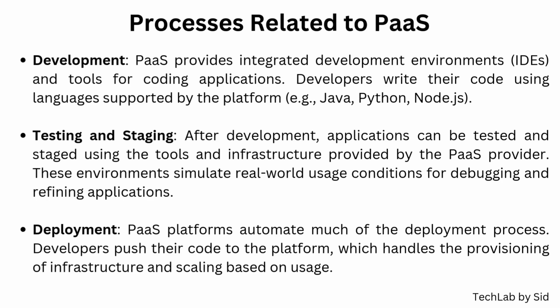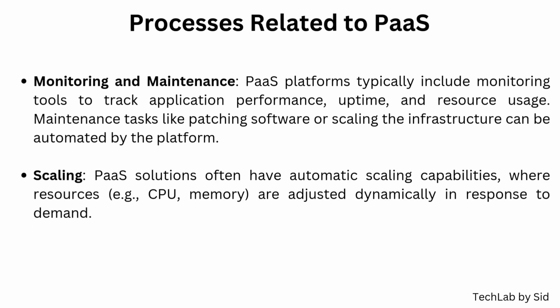Deployment. Platform as a Service platforms automate much of the deployment process. Developers push their code to the platform, which handles the provisioning of infrastructure and scaling based on usage. Monitoring and maintenance. Platform as a Service platforms typically include monitoring tools to track application performance, uptime, and resource usage.